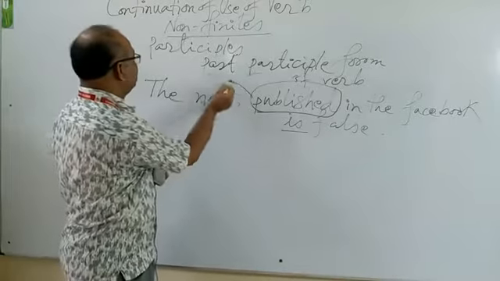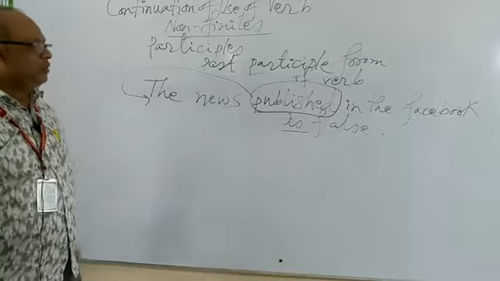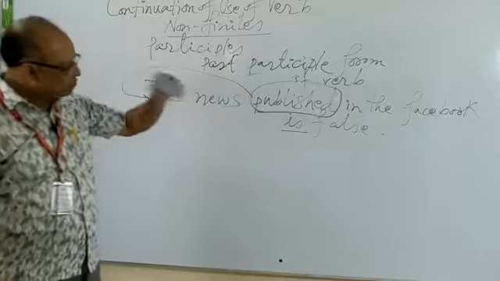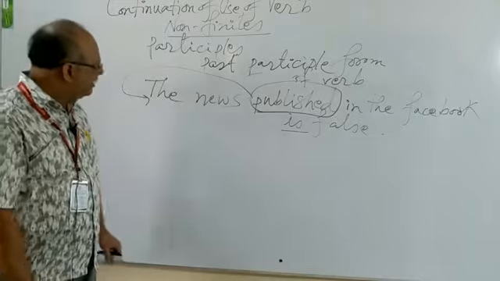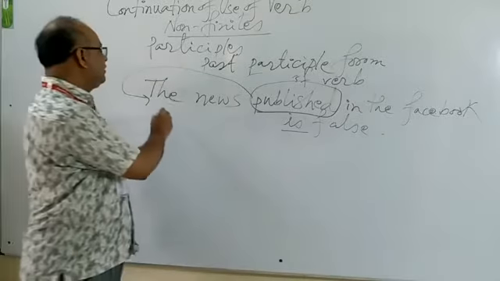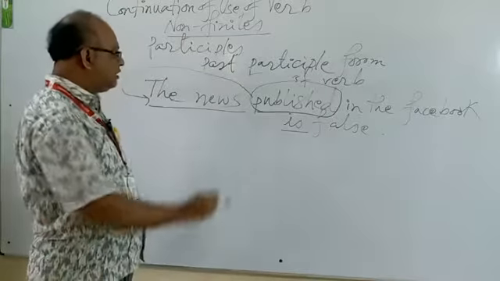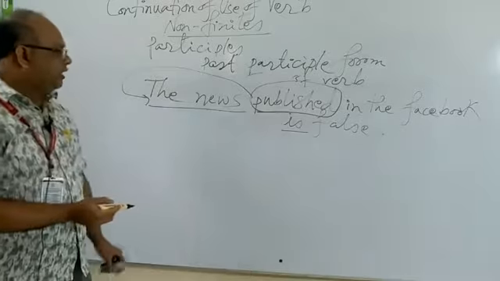Modifying the news. So this is the use of post-modifier. It is the use of past participle, and it works as an adjective and it modifies the news. And it has been used after the noun. So it is called post-modifier.